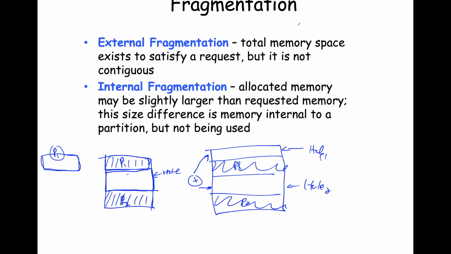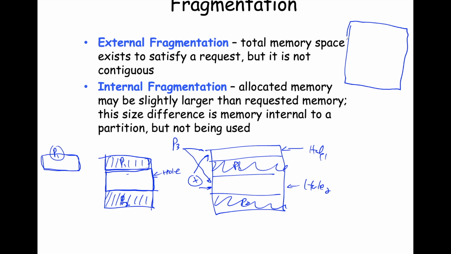That's the total memory space that can be used to satisfy a request, because if another process, P3, comes along, it can be allocated to the first hole or to the second hole.